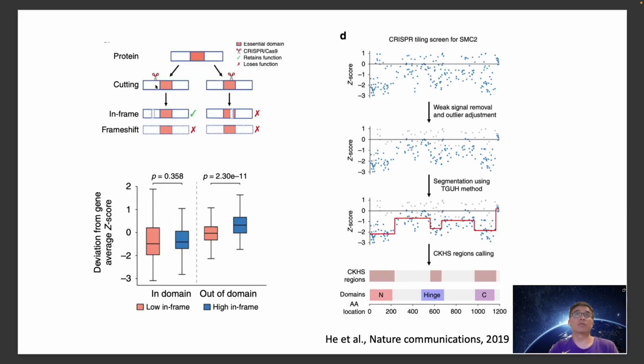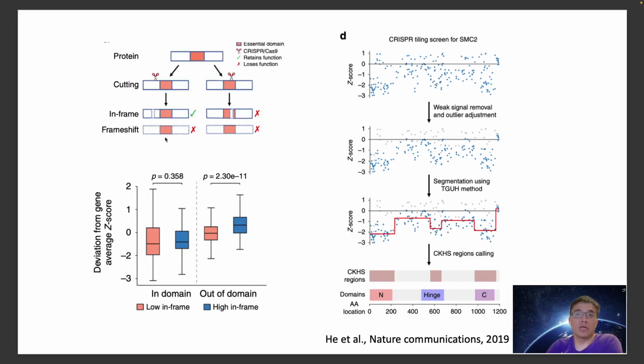So for frame shifts, both in-domain and out-of-domain indels will cause the protein to lose its function, while in-domain indels will cause loss of function even when they are in-frame. Because in the important region, if you lose some amino acids, it will cause a dramatic conformational change, and the protein will also lose its function.